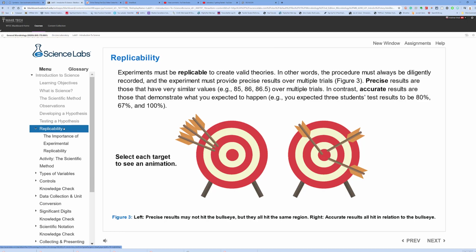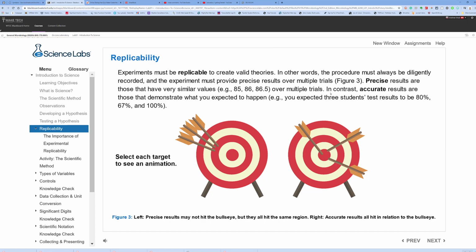Now, having it replicable, or reproducible is the way I refer to it. Replicable is to create valid theories. In other words, the procedures must always be diligently recorded, and experiments must provide precise results. Precise results are those that are very similar values over multiple trials.